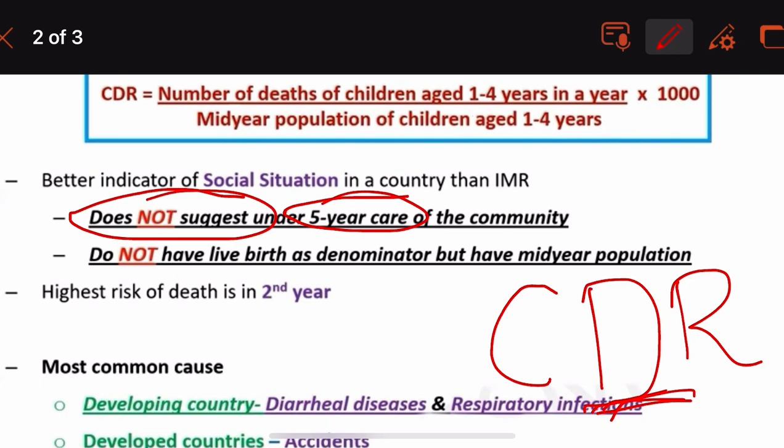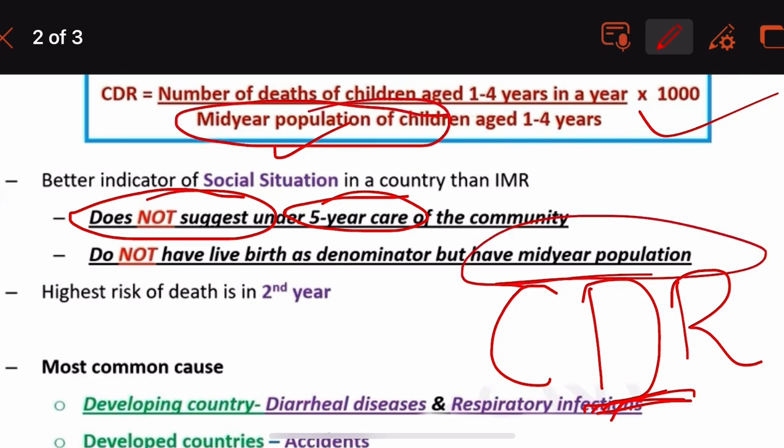It is only an indicator of social situation. Also, it does not have live birth as the denominator. Like we discussed, the denominator contains the mid-year population of that community in that particular year, rather than the live birth.